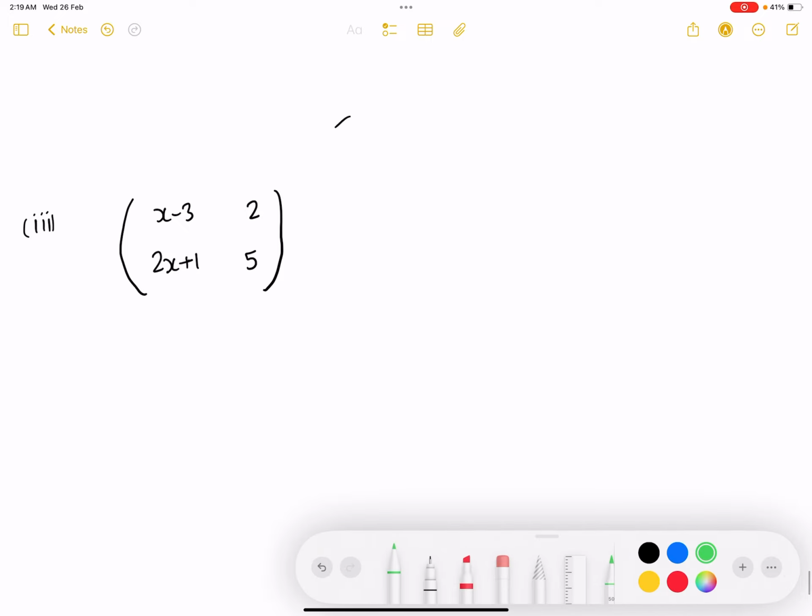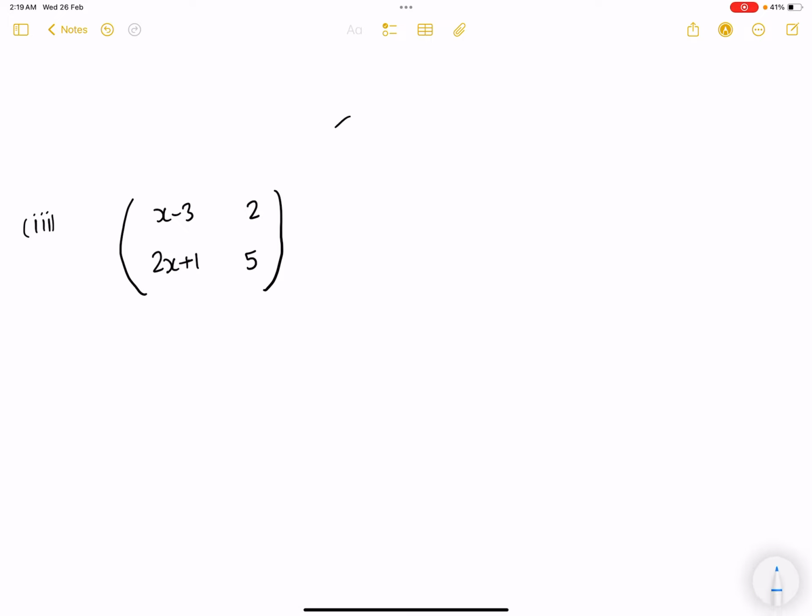Now suppose we need to find for what values of x the rank of A would differ on the basis of values of x. So firstly, you can solve this with the help of the minor method.